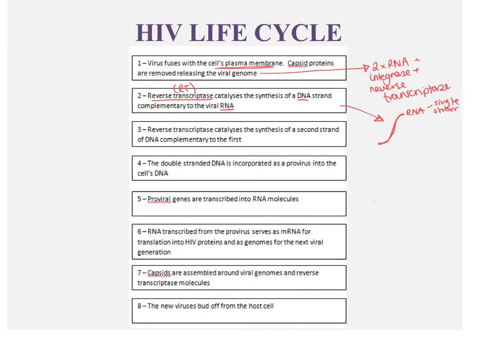Then what I've got is reverse transcriptase, which I'm going to draw as a little green blob. Reverse transcriptase is going to use all of the nucleotides that are in the host cell to make a strand of DNA. It's made using host nucleotides, and it's going to be complementary to that RNA.